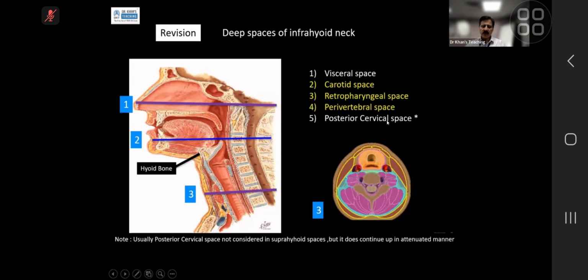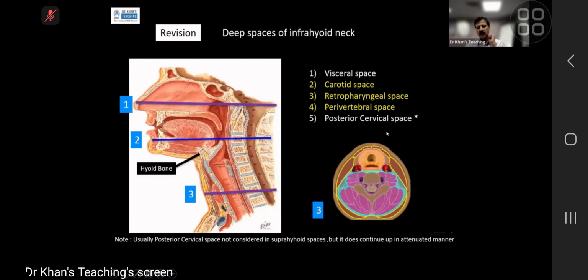Key point to remember is that 3 of these spaces, carotid, retropharyngeal, perivertebral, are present in infra as well as suprahyoid neck. On the other hand, the visceral space is only confined to the infrahyoid neck.